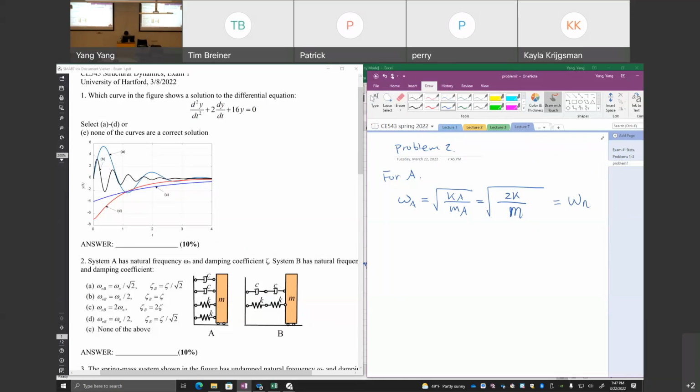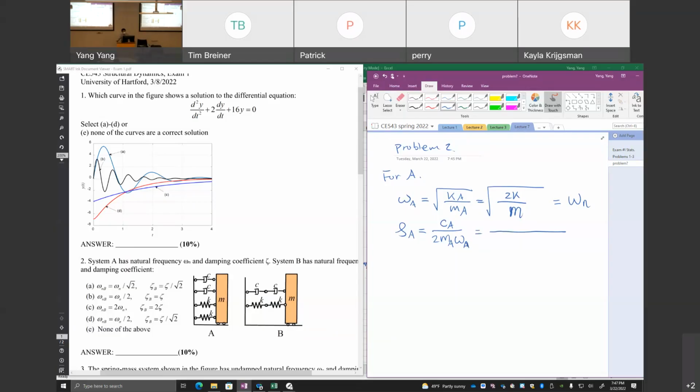Similarly, we have theta A, the damping ratio for system A, that is equal to C over 2 times M and omega A. So what is the damping coefficient for system A?